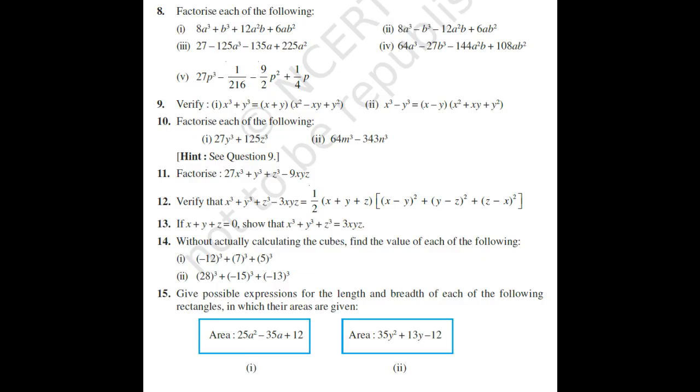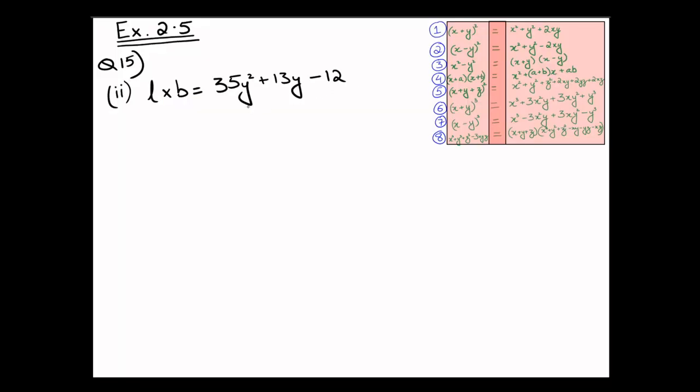Now the second part of this question, I'm given that the area is this polynomial out here, and I need to factorize it in such a way so that I get two factors where one will be length, one will be breadth. And how do I factorize this? I can use the method of splitting the middle term.